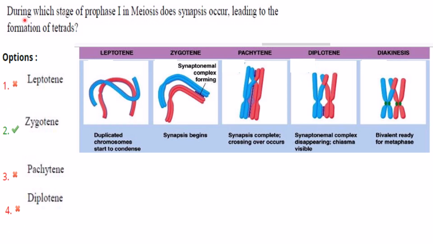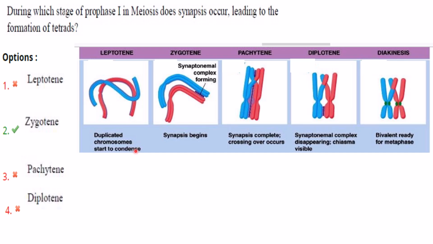Then the next one. During which stage of prophase I in meiosis does synapsis occur leading to the formation of tetrads? Here you have leptotene, zygotene, pachytene, diplotene, diakinesis, the 5 stages of prophase of meiosis I. First leptotene, where the duplicated chromosomes start to condense.